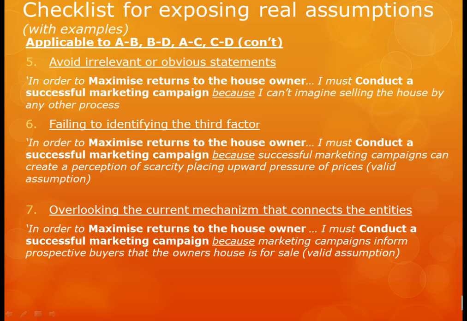The next two that I talk about give examples of, in fact, valid assumptions, because that's the easiest way of explaining these. The first one is failing to identify the third factor. The third factor is something that causes these two entities to exist currently together, or causes that relationship to exist.